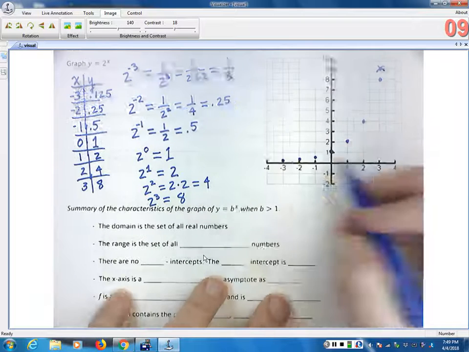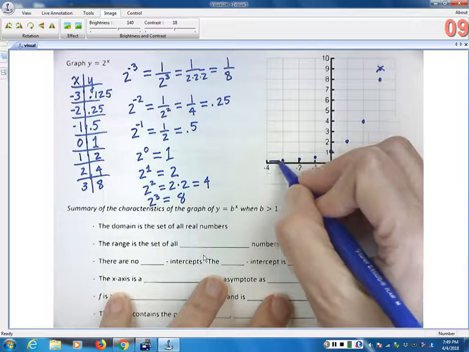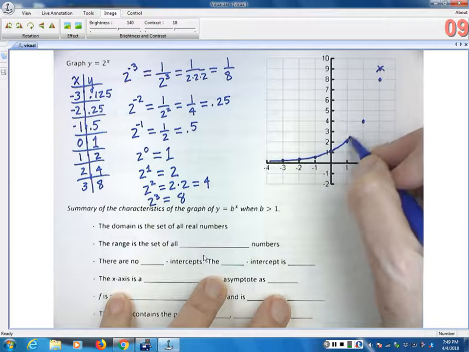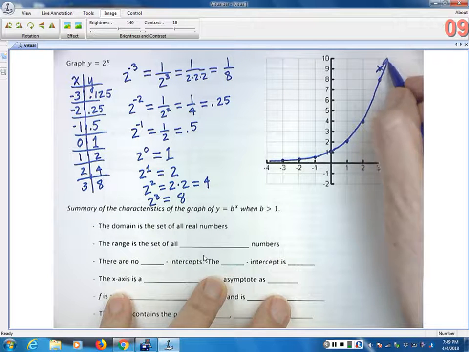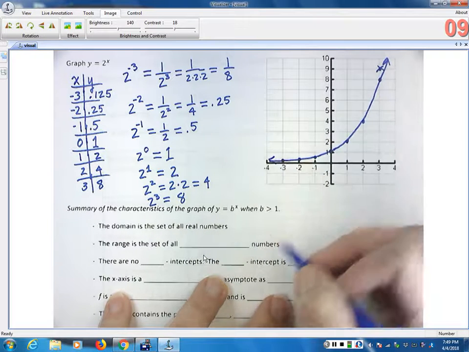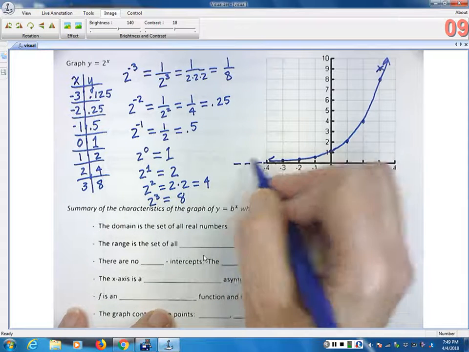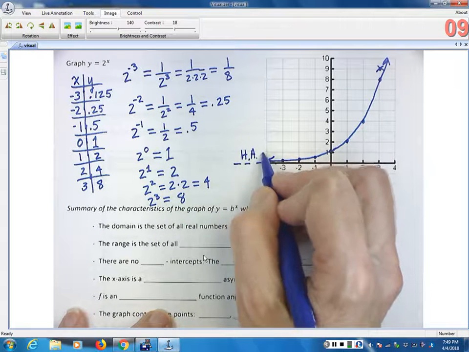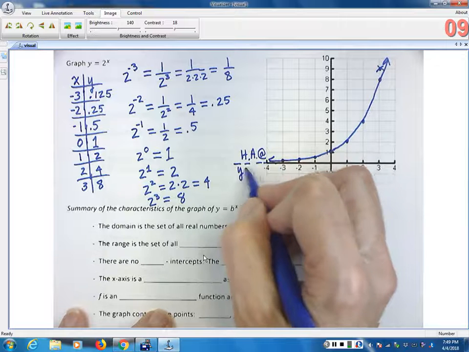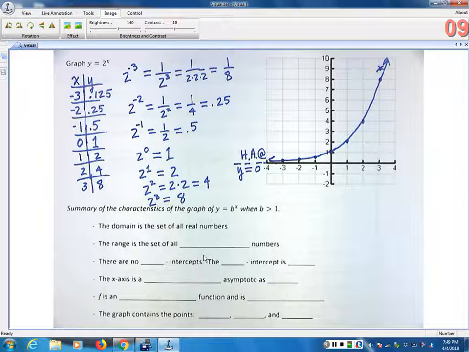Okay. And then you connect that with a smooth curve, and put arrows on the ends. And this is a horizontal asymptote. Now you can't use the rules for finding horizontal asymptotes that we used for rational functions, because this is not a rational function.